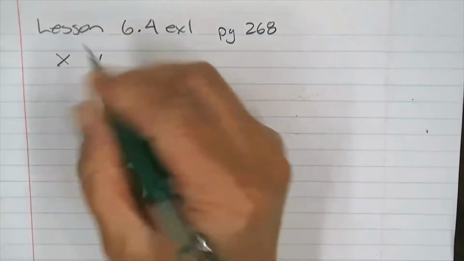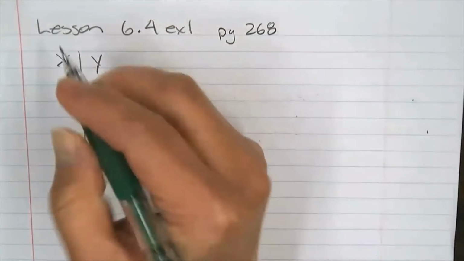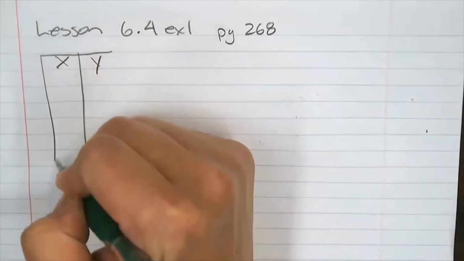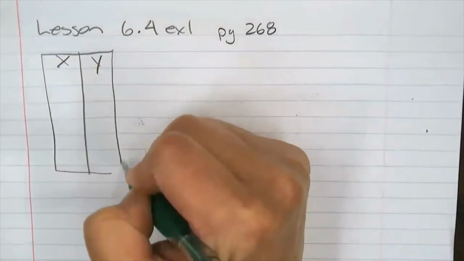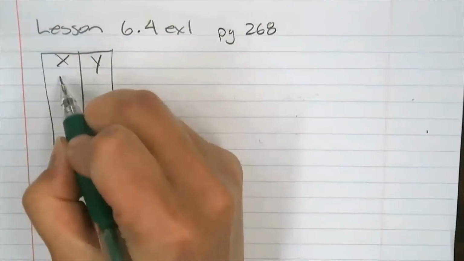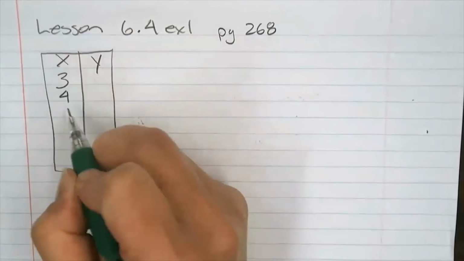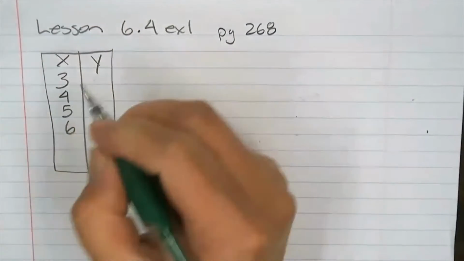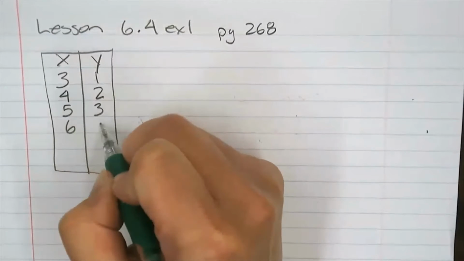We have an XY table. This is a vertical table. 3, 4, 5, 6. 1, 2, 3, 4.